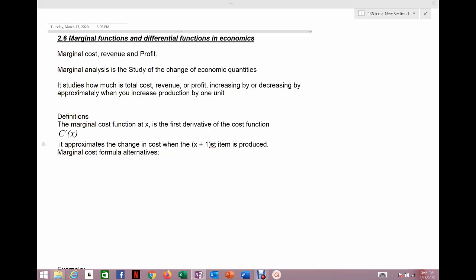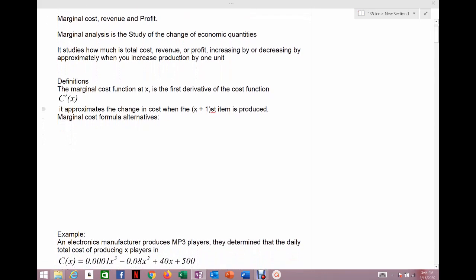Alright, marginal functions. Marginal cost, revenue, profit is marginal analysis. It's the study of the change in economic quantities. It's a process of approximately using the derivative to figure out how much cost, revenue, or profit, or it can actually use any function you want, is increasing and decreasing.